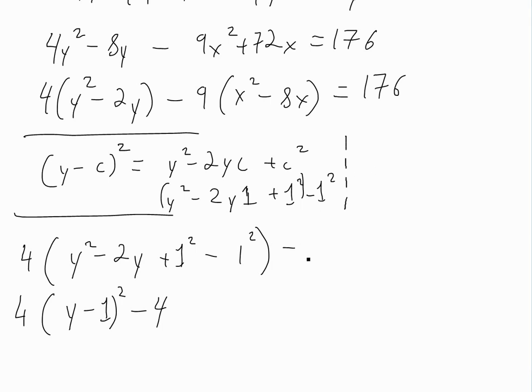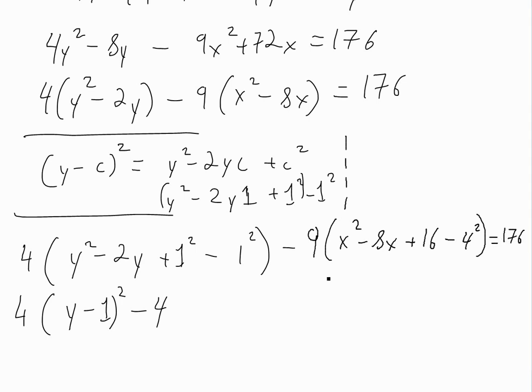So in this case, we're going to write 9x squared minus 8x. This has to be plus 4 squared, which is 16, minus 4 squared, which is negative 16. So we have something like that.